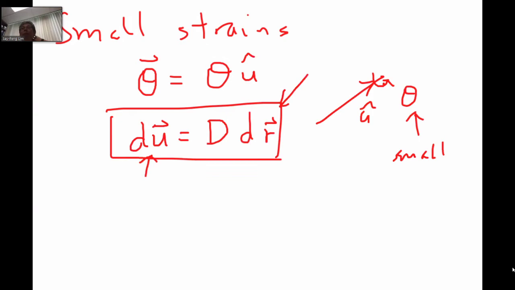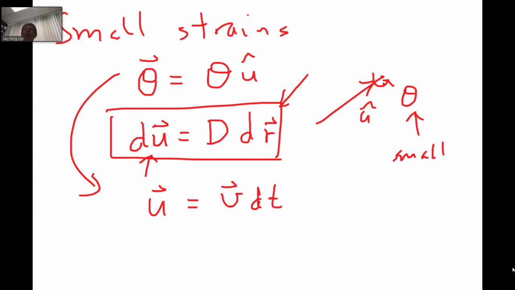So given this, for pure rotation, you find that the displacement in the body is going to be equal to the velocity times the time dt. So if you turn at some constant rate, right, the displacement is going to be given by v dt, with v, because it's a rotation, given by omega cross r.